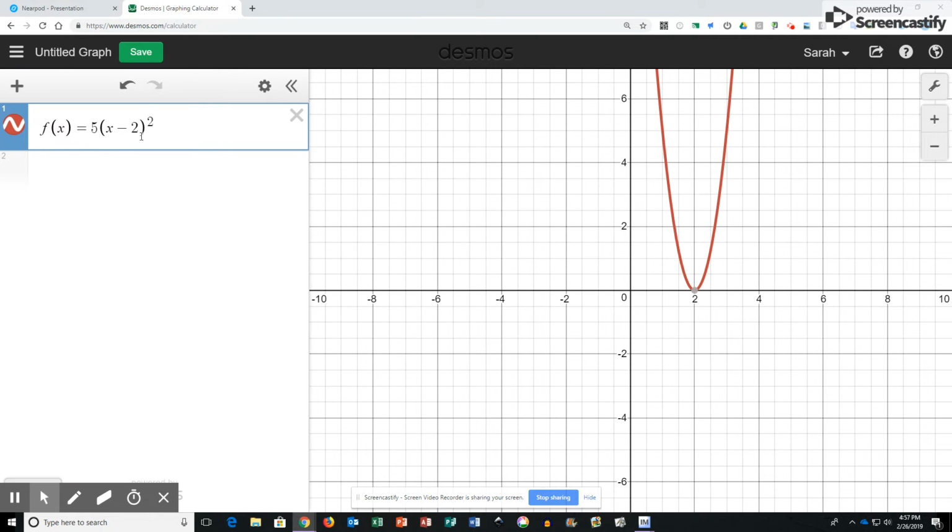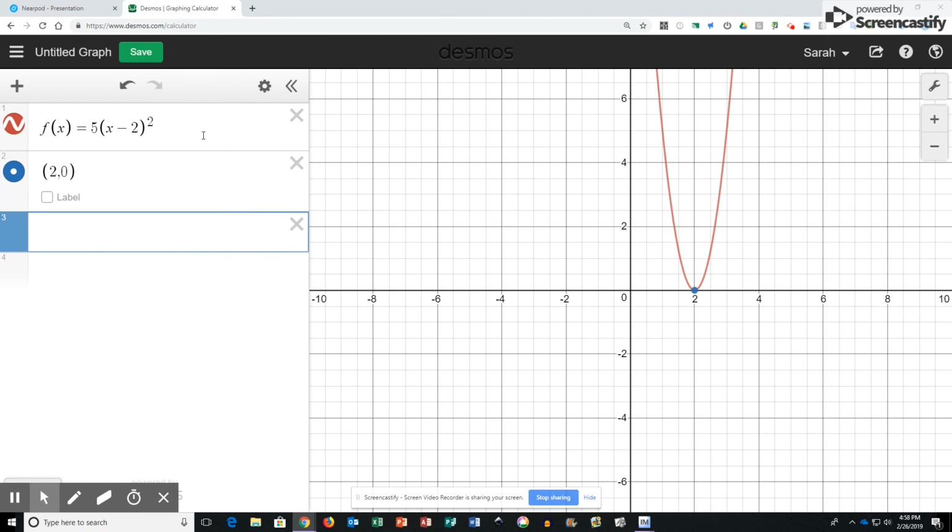Okay, there's my equation. The first part is it asks for my vertex. If I put a point at 2, 0, that's what we said our vertex was, 2, 0. Remember, you can also hit enter and type in ordered pairs, 2, 0, and it will put a point there for you.